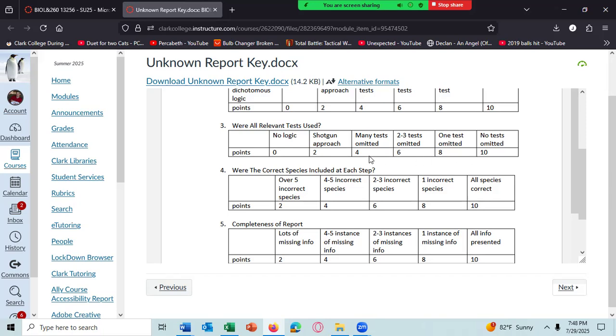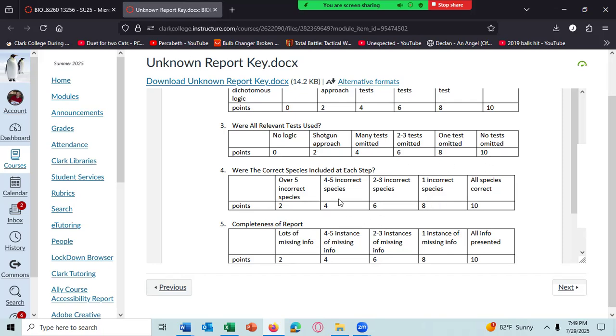And someone who waits until the very end, they only get maybe one test requested, and they're going to have many tests omitted, and they'll get 4 out of 10. I don't think I'll have a shotgun approach, but if you're asking for all the different tests at one time, you get 2 out of 10.